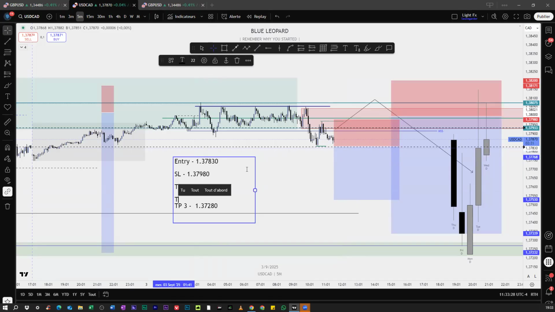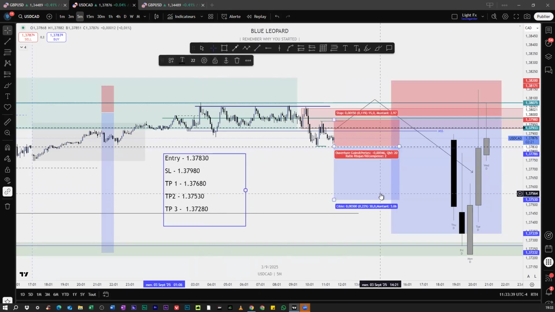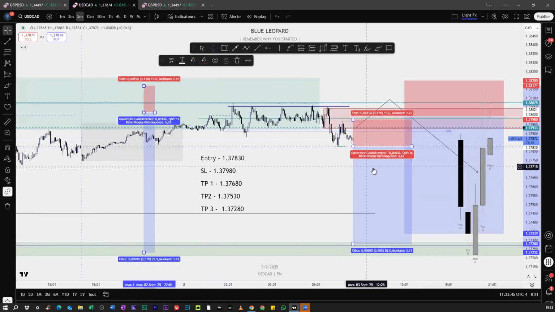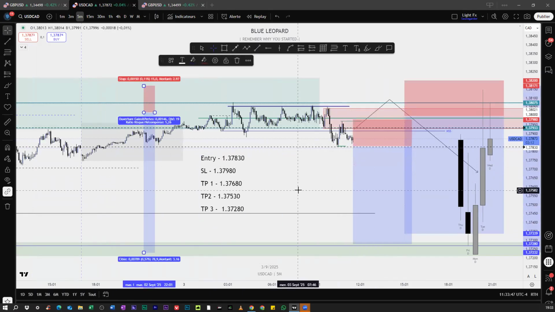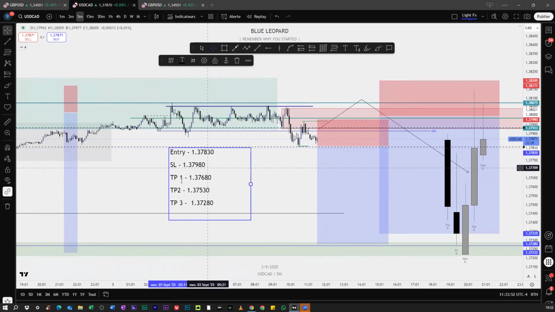You see that? Base. Now, yeah, I have all the levels, and this one was 55 pips. Yeah, 3.6 R trade. We are going to wait. The entry is this one, the stop loss, the TP3, TP2, and TP1.